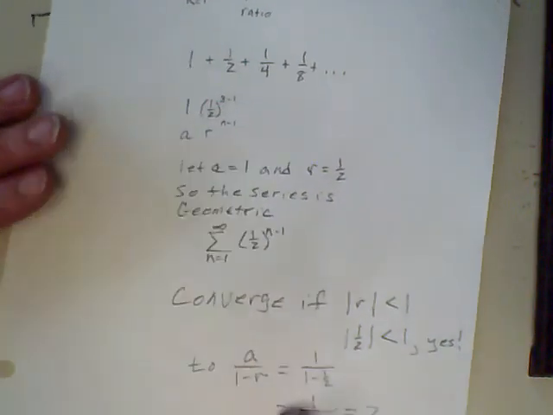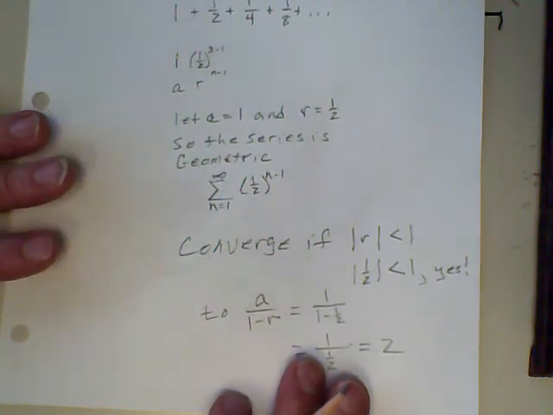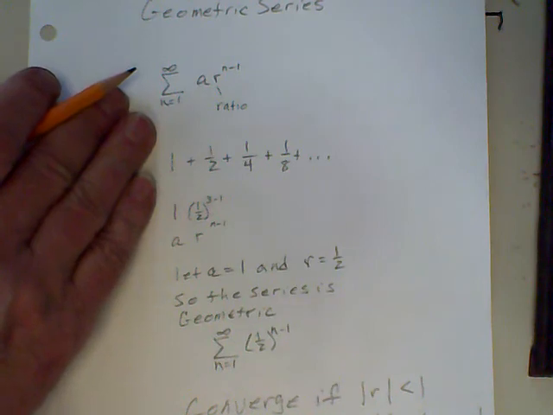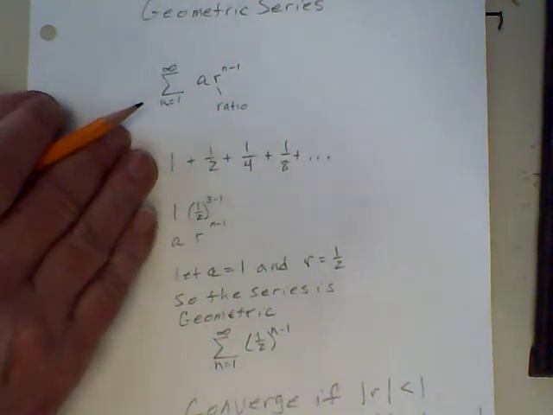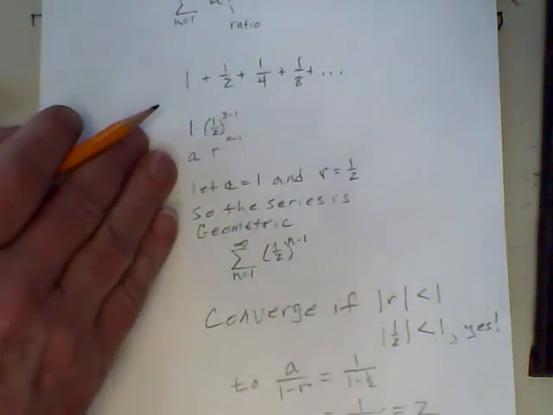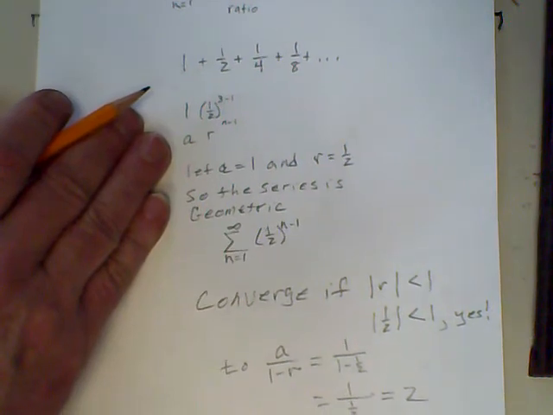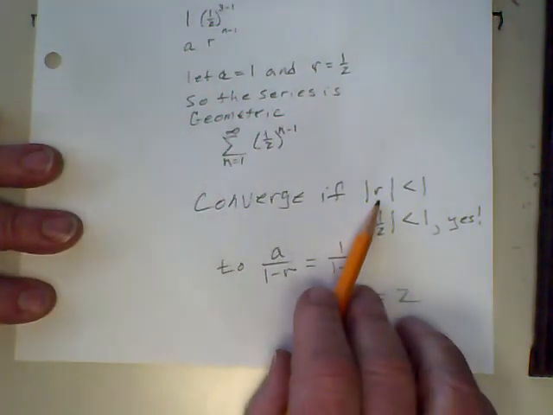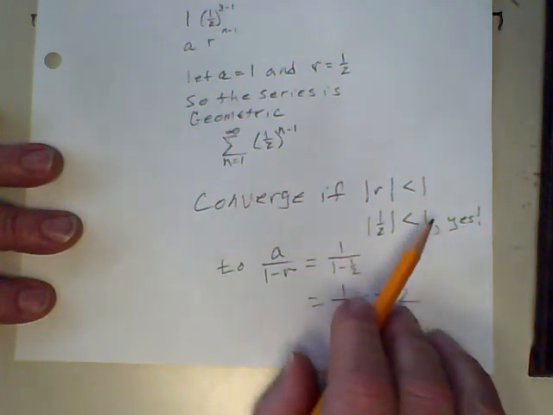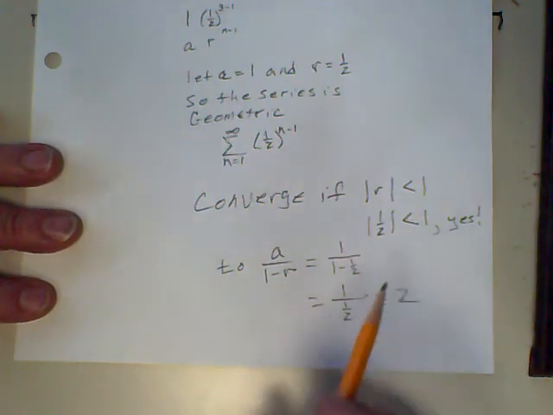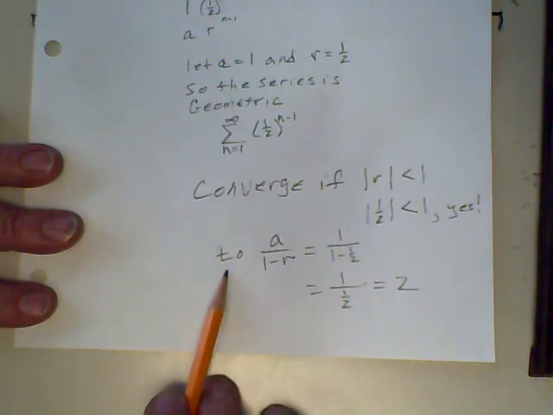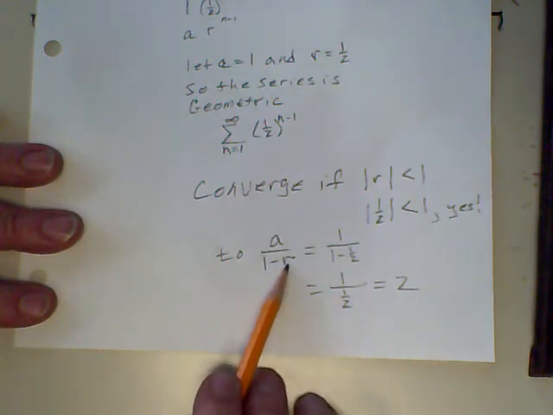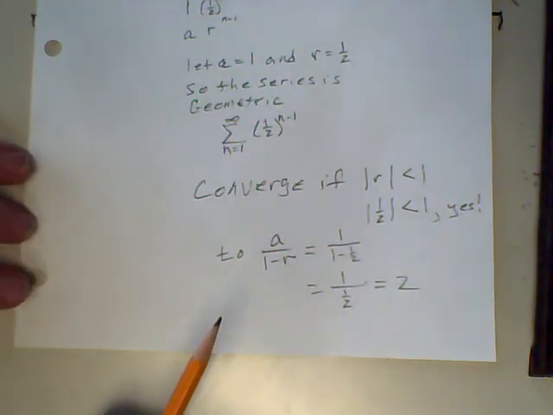Now that's the great feature of finding a geometric series, is that you can start with a basic list of terms that are being added together. If you can identify that as geometric in form, you can apply this very simple test, compare the absolute value of the ratio to 1, and if it passes that test, as our example did, then you know it's going to converge to a divided by 1 minus r, which in our case turned out to be 2.